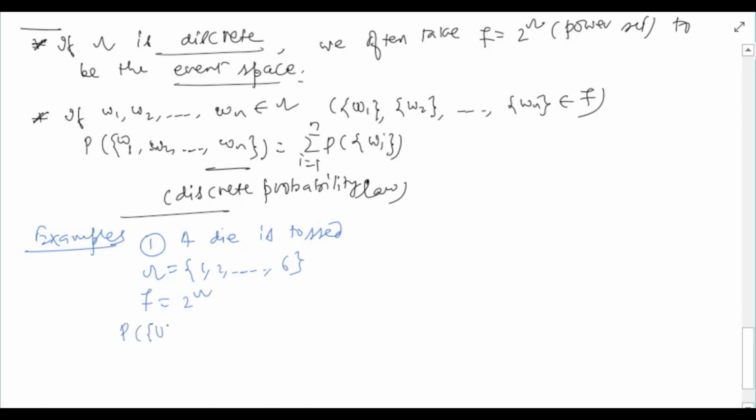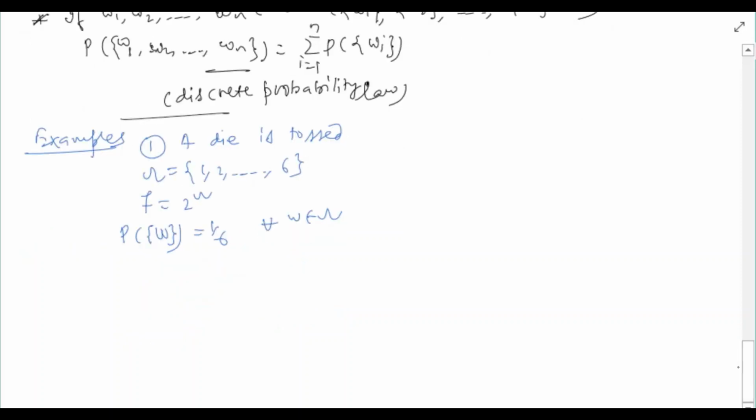Probability of the singleton sets, P of omega, will be 1 by 6 for all omega in omega, that is the probability of the outcome being 1, being 2, being 3, etc. All these probabilities will be 1 by 6. On the other hand, if you are interested in the probability of, say, {2, 4, 6}, then following discrete probability law, it will be 3 into 1 by 6, which is half.